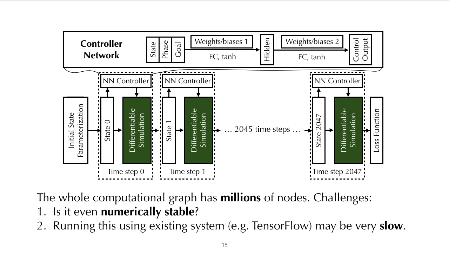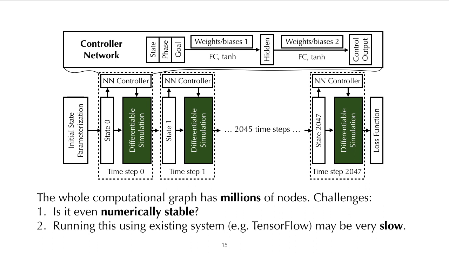In the controllers, we evaluate, let's say, 2 fully connected layers, and then the controller gives you a control output, which you can consider as the actuation to the system. You feed the actuation to the differentiable simulation, and usually a differentiable simulation can have thousands of mathematical operators, and it's not hard to end up with tens of millions of nodes in a computational graph.